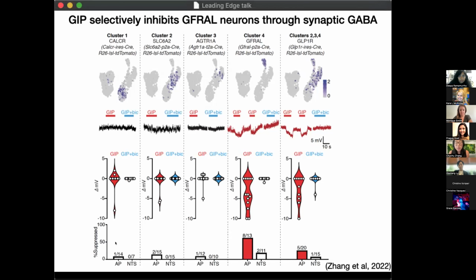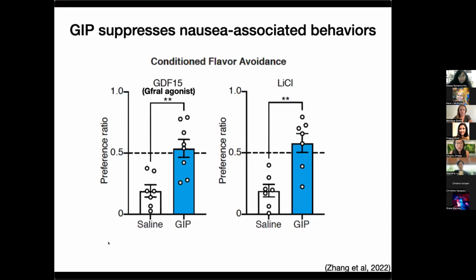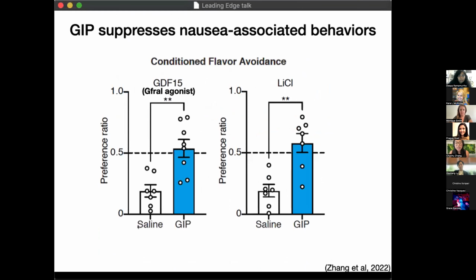So can we also observe behavioral inhibition? In mice administered either saline or GIP on the conditioning day, they were exposed to either the GFRAL agonist GDF15 or lithium chloride 20 minutes later. While GDF15 and lithium chloride provide a robust aversion in saline-injected animals, a prophylactic injection of GIP abolished the aversive response.